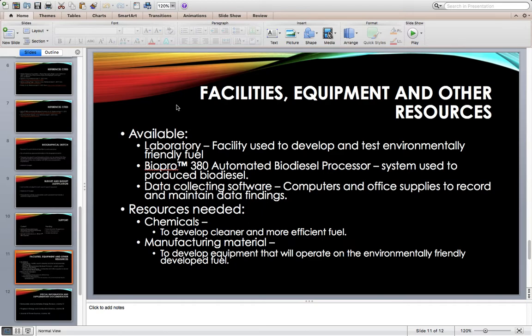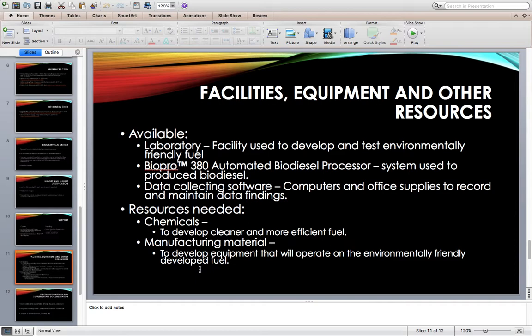So start with personnel and then go into what you need. And I like that you break this up into what's already available to you versus what you need. So, okay, we already have a lab, we already have this, we already have that, but here are the things we need. For anything you need, give a cost associated with it, per year. So we're going to need this number of chemicals per year, so this is how much money each year it's going to cost.